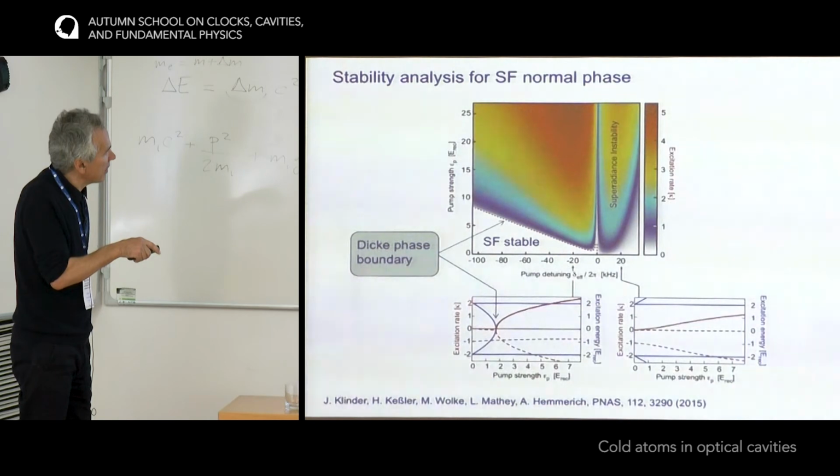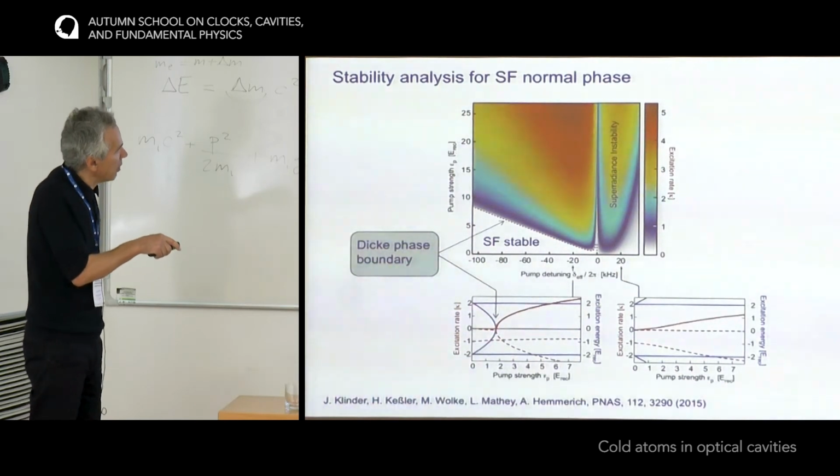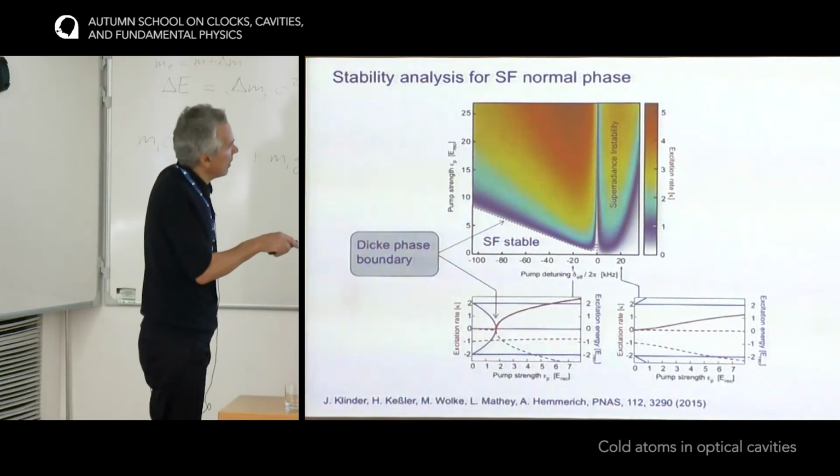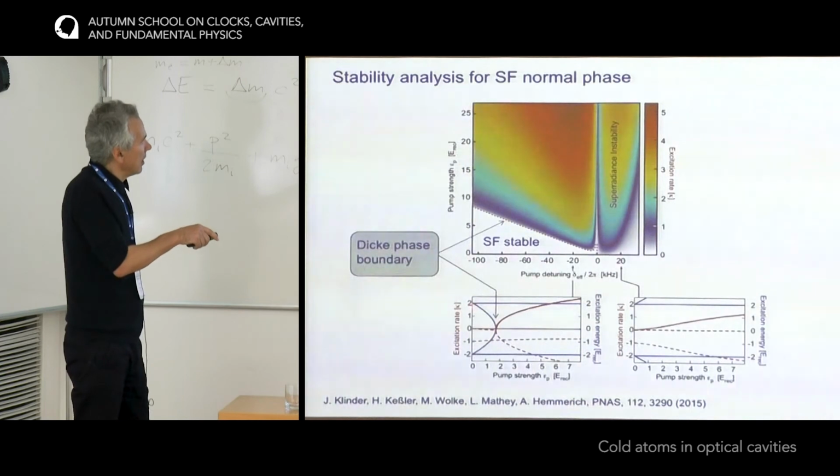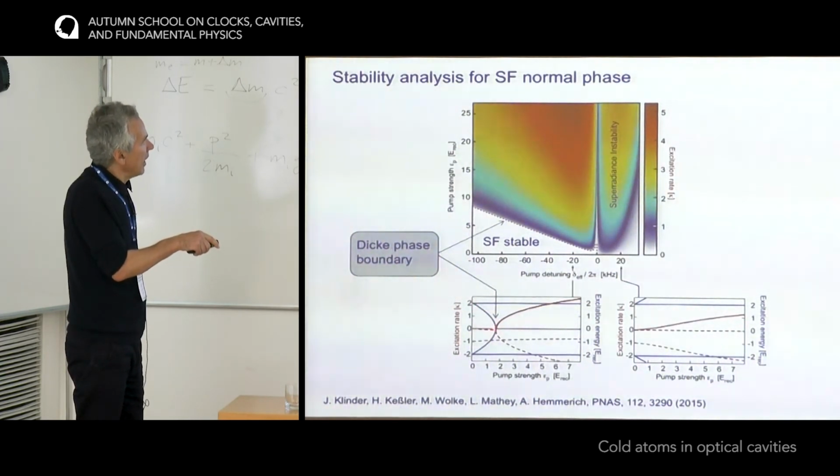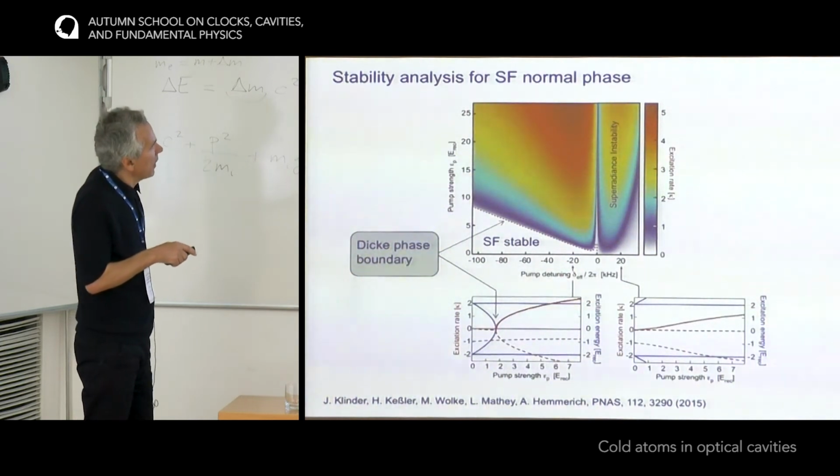And then you see that the first excitation mode softens, and this is when you hit the phase boundary. This mode has completely come down to 0 excitation energy, and this is where the transition happens.